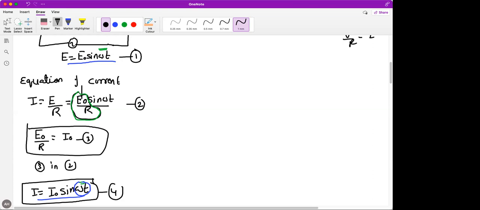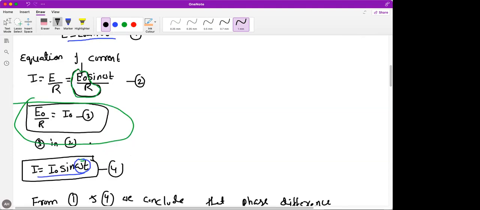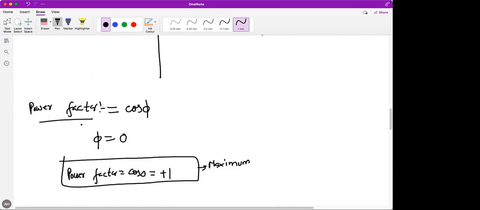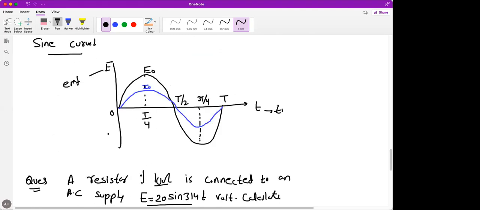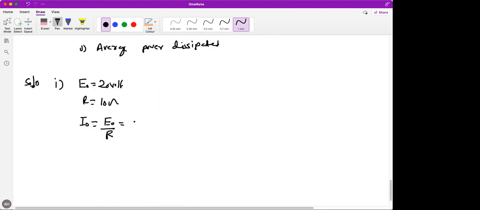The peak value of current is the peak value of EMF divided by the resistance. So this is I naught, peak value of EMF divided by resistance. Peak value of EMF is 20, resistance is 10. It's 2 amp. That's the peak value of current.